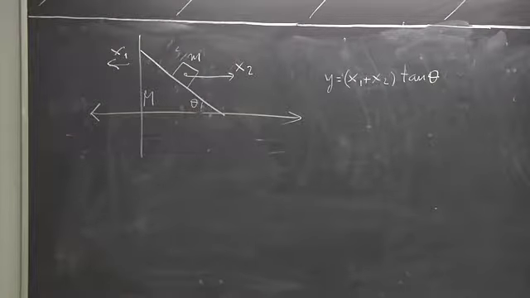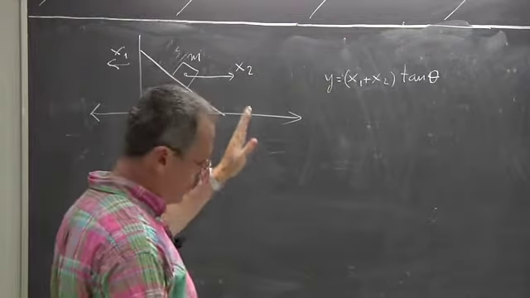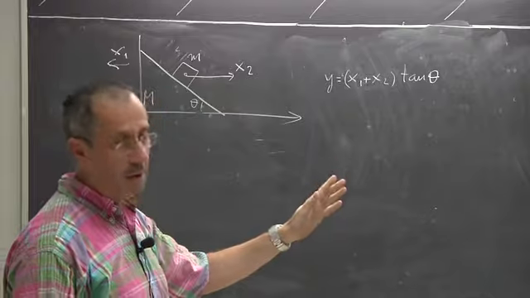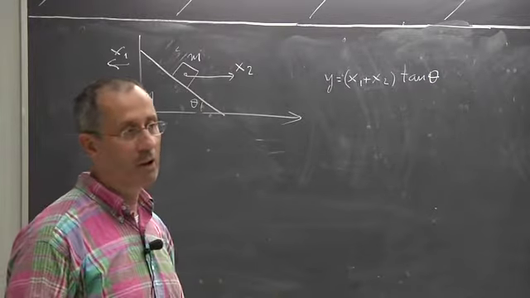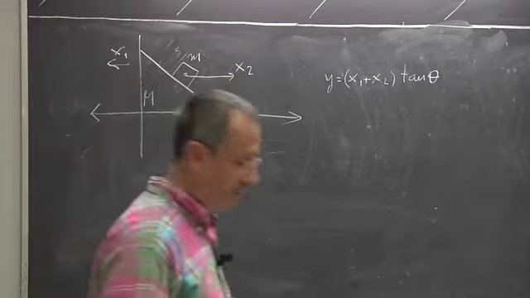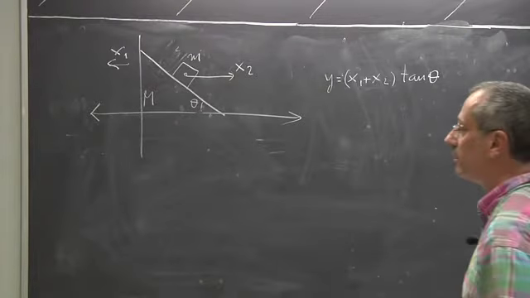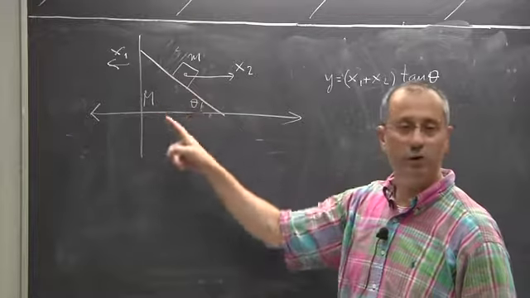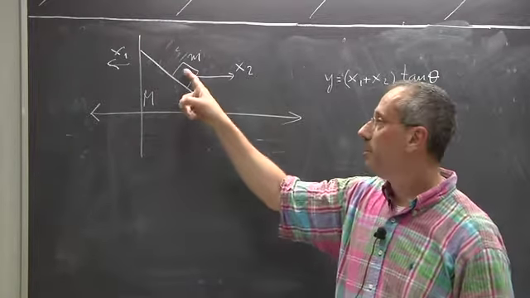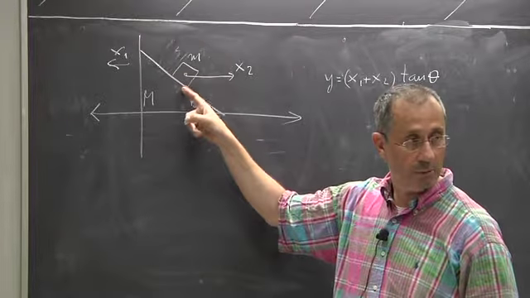And now I say, now consider the following seemingly silly combination: you take the kinetic energy minus the potential energy of this system. Okay, just take it. So what is the kinetic energy of this system? The kinetic energy of the system is the kinetic energy of this block plus the kinetic energy of the little block.